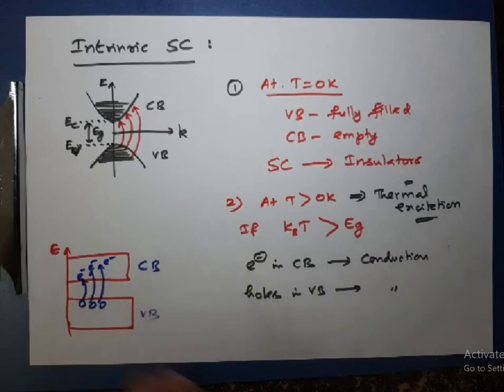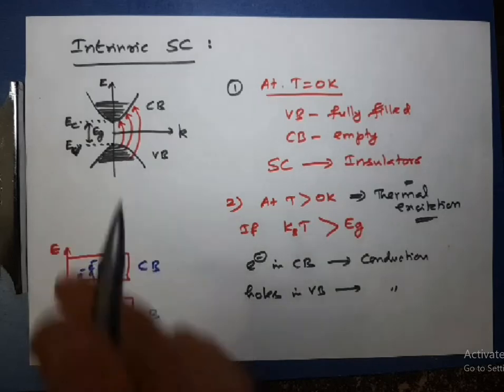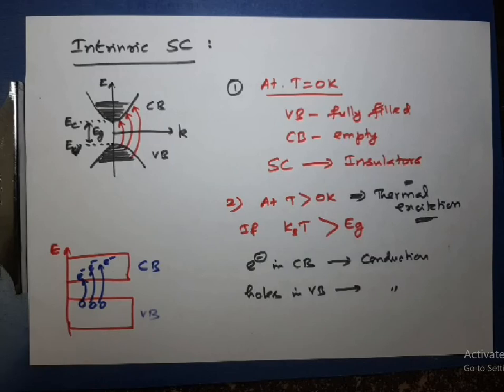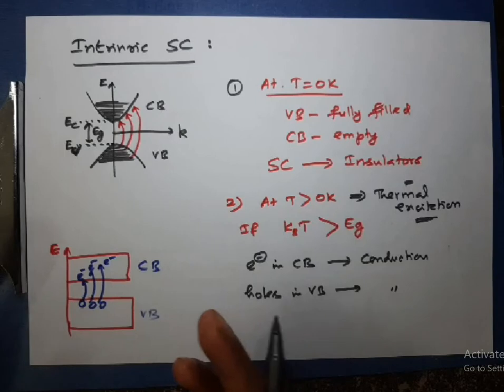In the case of an intrinsic semiconductor, for every thermal excitation, you will get a hole in the valence band and an electron in the conduction band. Therefore, in an intrinsic semiconductor, conduction takes place by both electrons and holes.